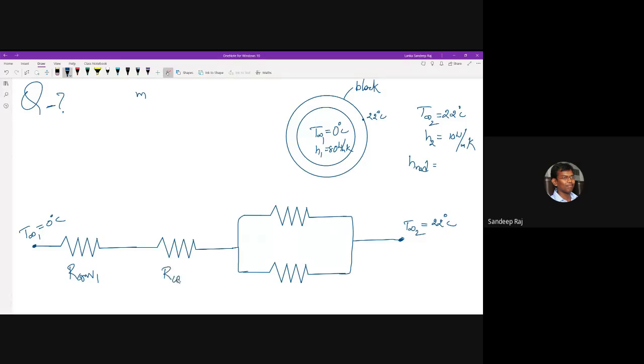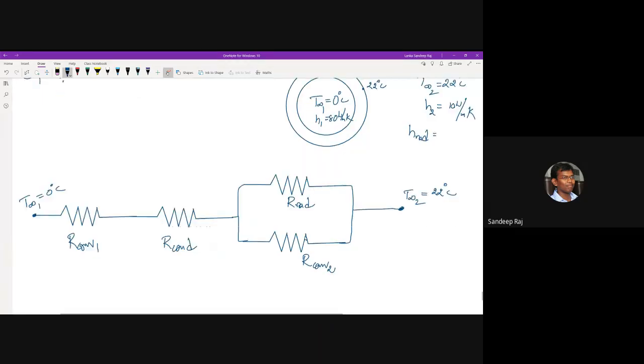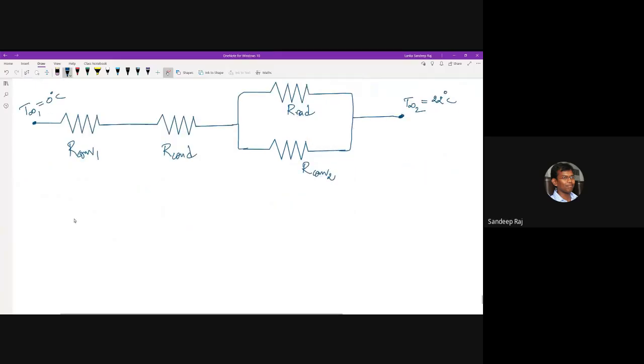This is R conduction. This is R radiation, and this is R convection 2. So our aim is to find out these resistances appropriately. Once you can find out these resistances, you'll be in a position to calculate the Q.